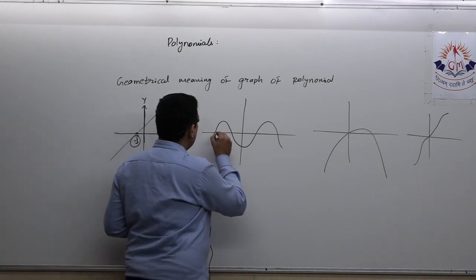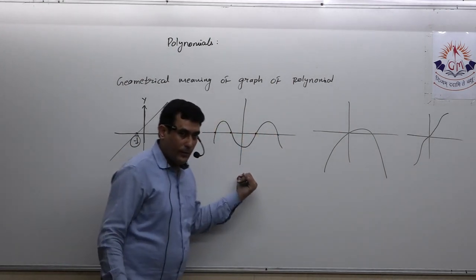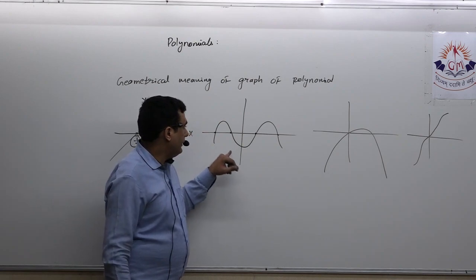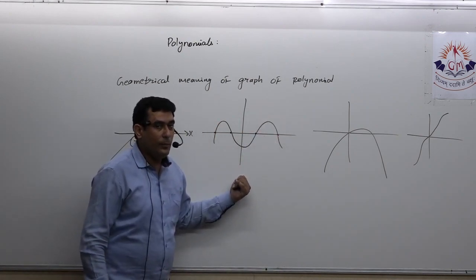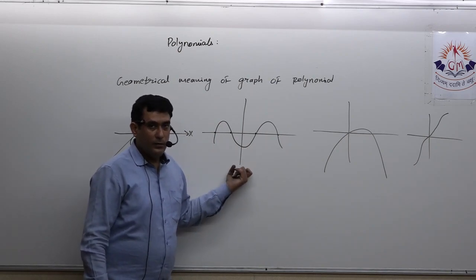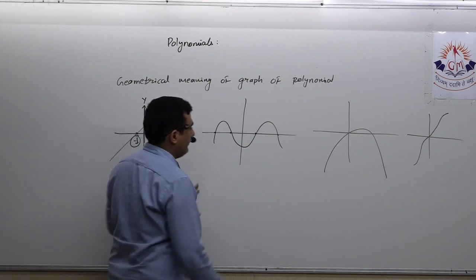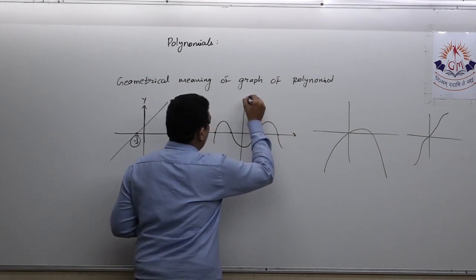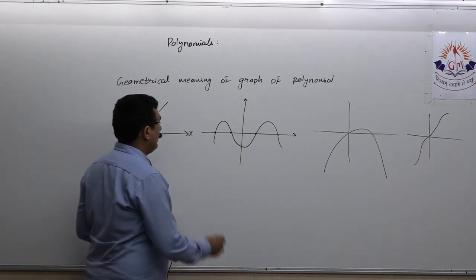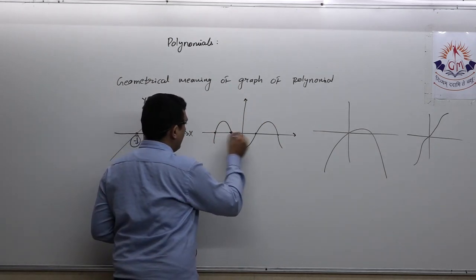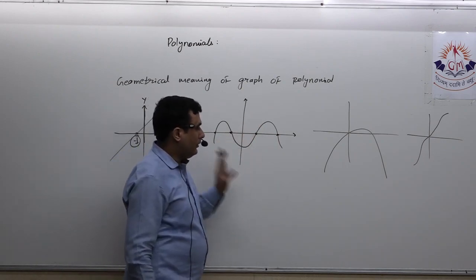Here definitely it is neither a straight line nor a parabola. So we can say it is neither a linear polynomial nor a quadratic polynomial. It might be cubic, might be biquadratic, that we are least bothered about. But definitely it is not a linear polynomial, it is not a quadratic polynomial. Now it intersects the x-axis at 4 points, so it has 4 zeros.